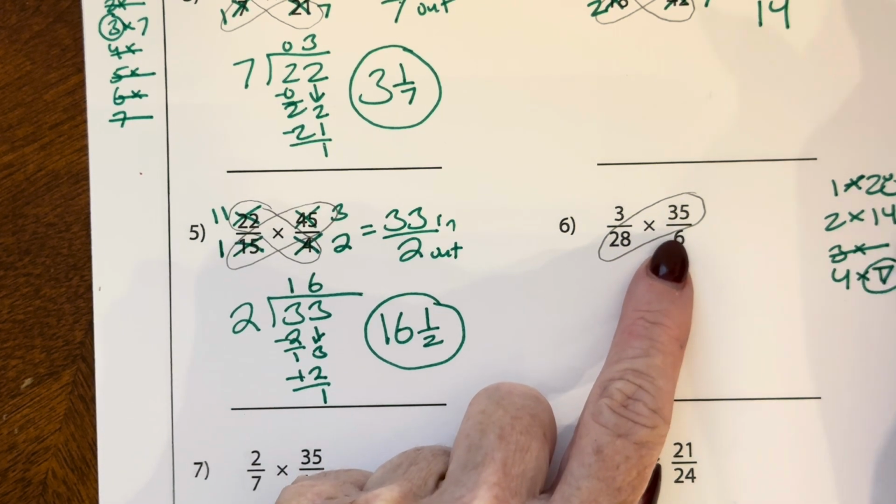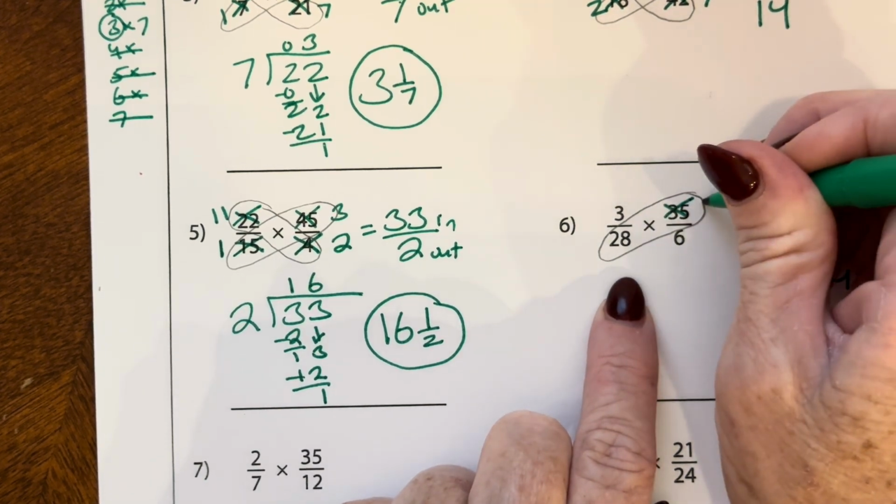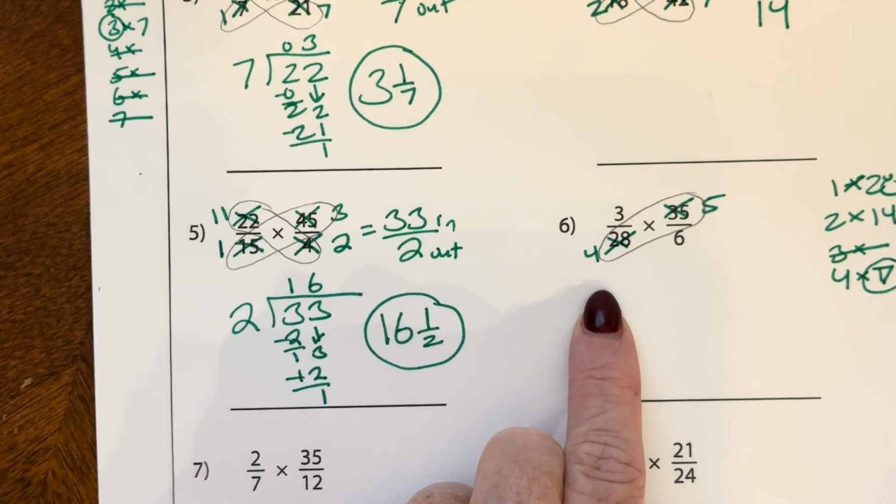So we found our answer 7, and that's the largest so far. So we'll take 7 times 5 is 35, and 7 times 4 is 28.